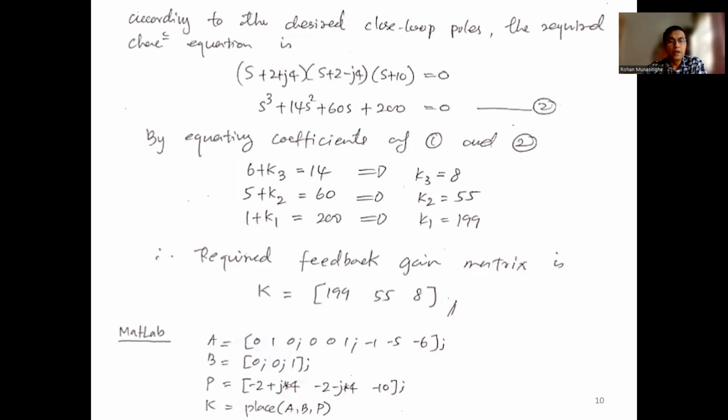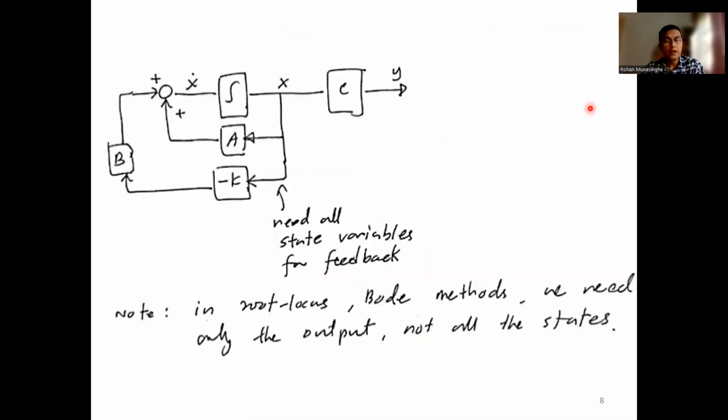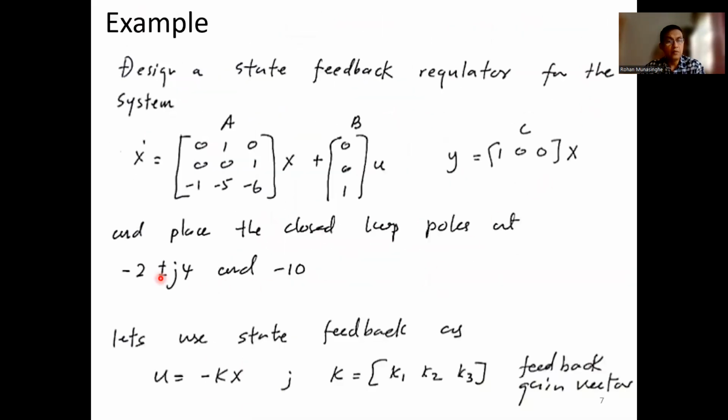Now, there's a desired set of poles, right? In this example, they are minus 2 plus or minus 4j and minus 10. So with that, you can write down the characteristic equation, right?